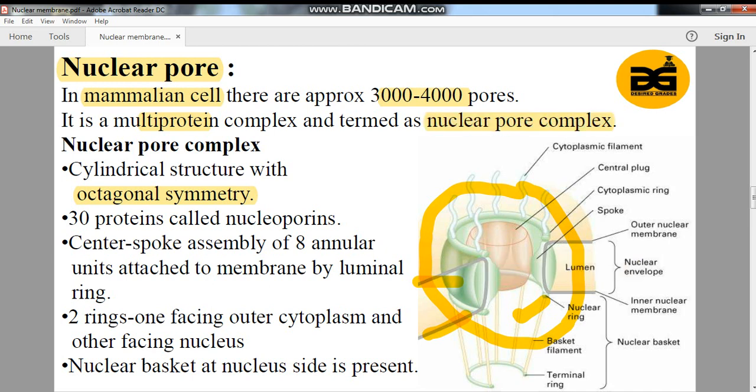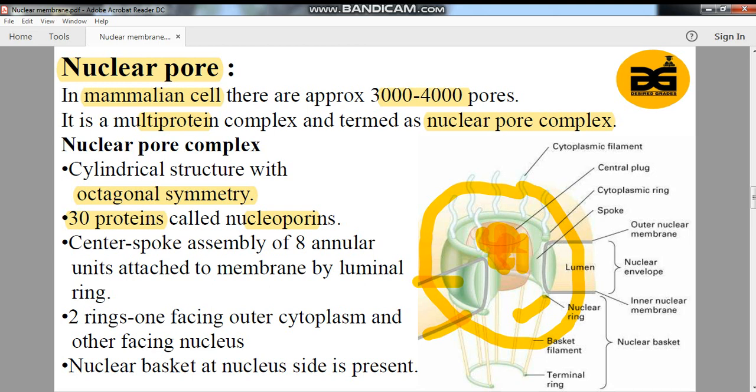Coming back to the nuclear pore complex, it contains 30 different proteins which we call nucleoporins. If they are related to the nucleus, we can call them nucleoproteins. Now comes the central spoke assembly. This is the central spoke assembly. Here there are 8 annular units, and this whole structure forms between the nuclear pore, and this is the place from where the exchange of molecules takes place.